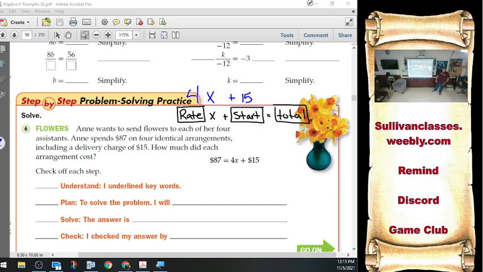Do I have a total? The $87, right? Because that's how much she's going to spend, equals 87. And that's exactly what they put down here. Okay? They just wrote it differently, but this form, we're going to see this a lot. So, just wanted to kind of roll through how they got it.